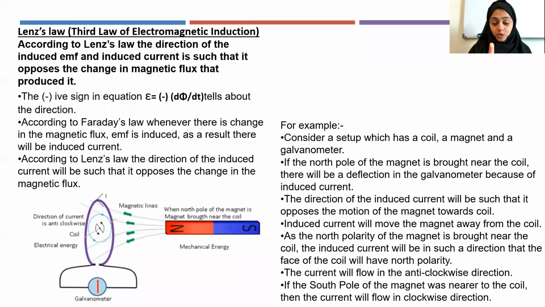Another thing, suppose the north pole is here, south pole is here. Instead of bringing it near to the coil, I'm taking it away from the coil. Then can you guess in what direction the current will be? I'm not bringing the magnet near to the coil. The magnet is already near to the coil.